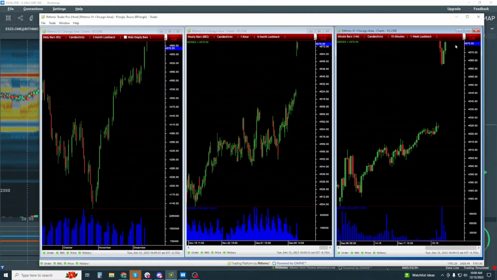Look on the 15-minute chart on the right-hand side: this has not pulled back very much, and we're coming right back at the high of the cash session. That's a good sign, so let's see if we can break it and continue higher.